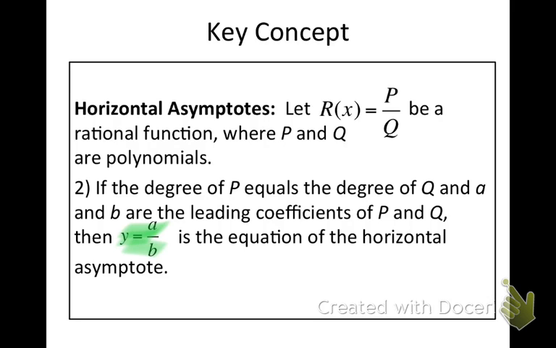If I have a quadratic over a quadratic, like we did in that first example with the domain, you take the leading coefficients of both, turn them into a ratio, and set it equal to y. That gets you your horizontal asymptote.